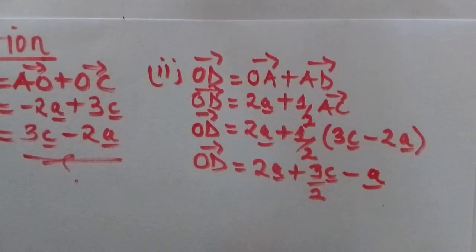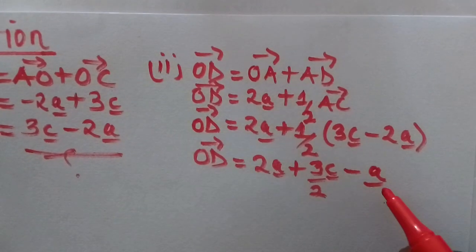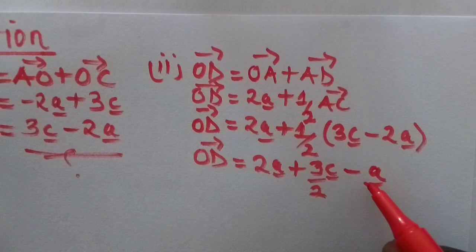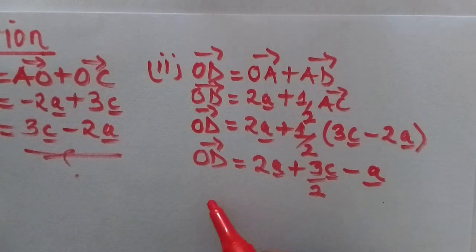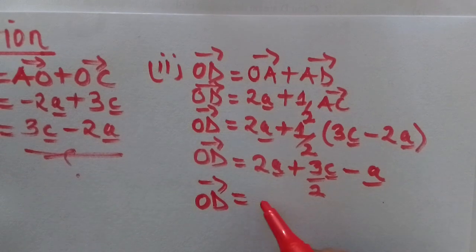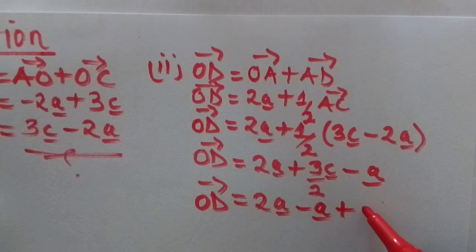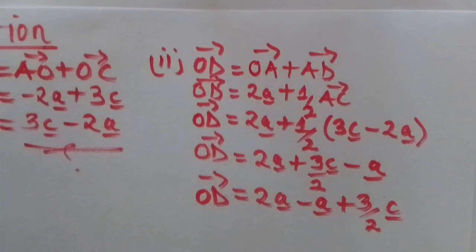Then we can collect the like terms here. 2a vector is a like term with the negative a vector here. So this will give us the following. OD vector equal to 2a vector, take away a vector, plus 3 over 2 c vector.